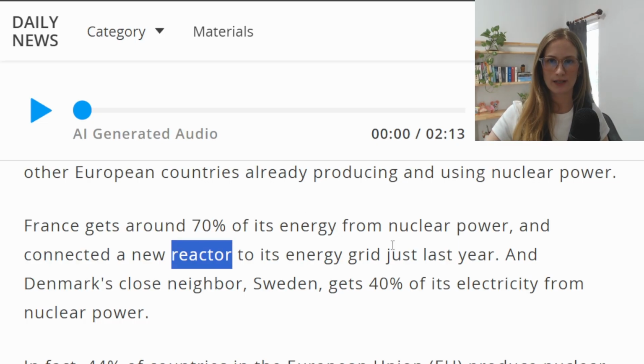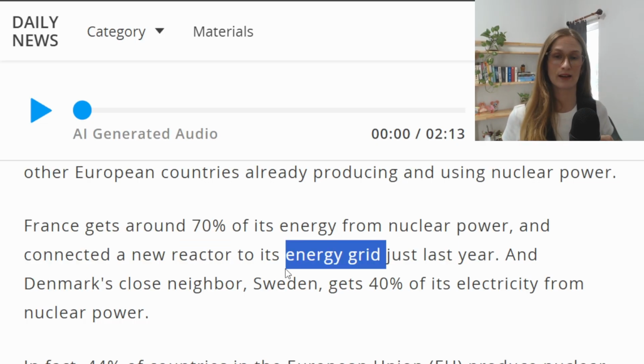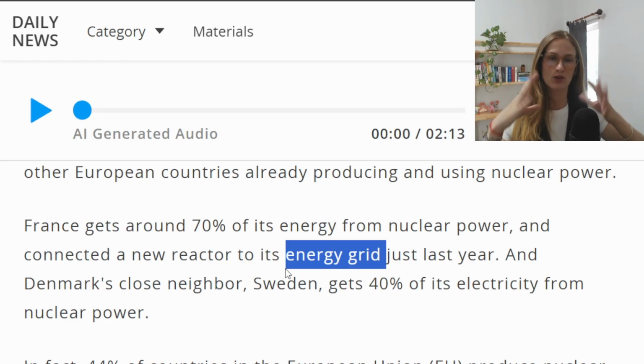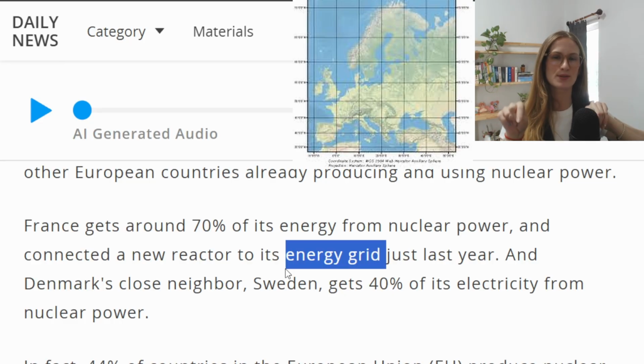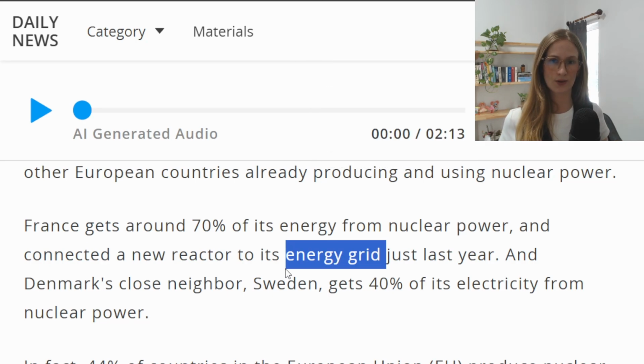An energy grid. So the actual meaning of grid is a square. You know, when we used to use maps before we had phones, maps were in squares, weren't they? So you could say, okay, square B18, and you could quickly find that square and figure out where you were. That is a grid. An energy grid is how countries get their energy, their electricity, from the government supplies.